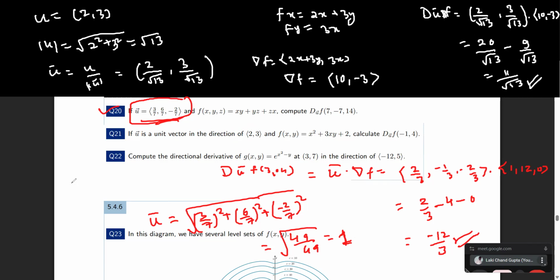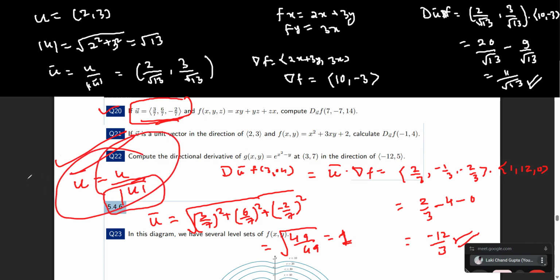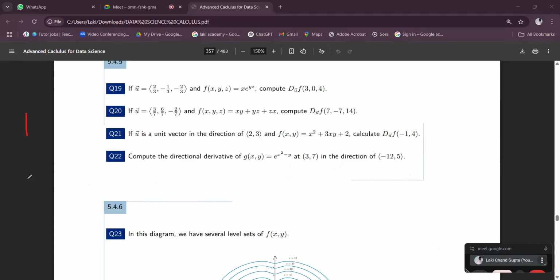Whenever u is not given in unit vector form, always divide by its modulus. Modulus means absolute value. A is not a unit vector, but you can make it a unit vector. How? Divide by its modulus.